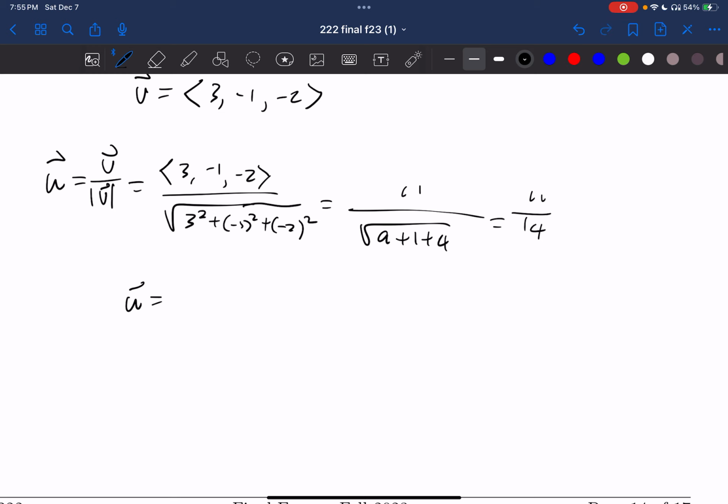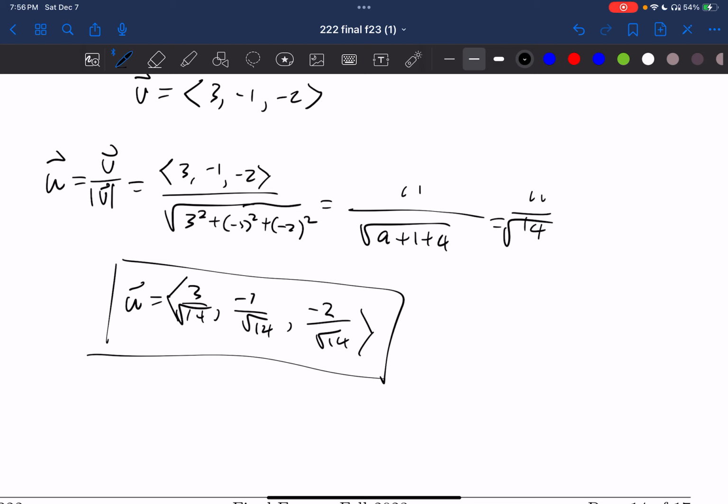So u will be equal to 3 divided by square root of 14, comma, -1 divided by square root of 14, comma, -2 divided by square root of 14. And that should be the unit vector parallel to the given line.